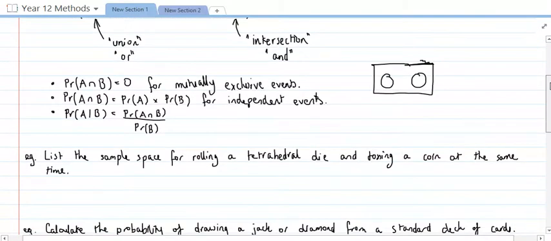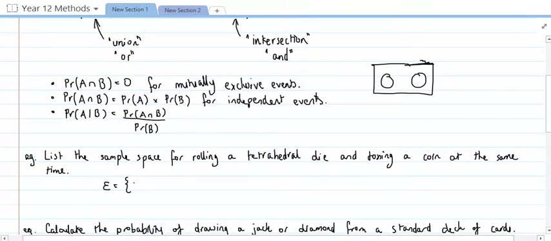So let's have a quick look. List the sample space for rolling a tetrahedral die and tossing a coin at the same time. Well, the symbol for the sample space is epsilon, if it's going to let me draw it. There we are. And we list the sample space as a set. A tetrahedral die has 4 sides, and a coin has either heads or tails.